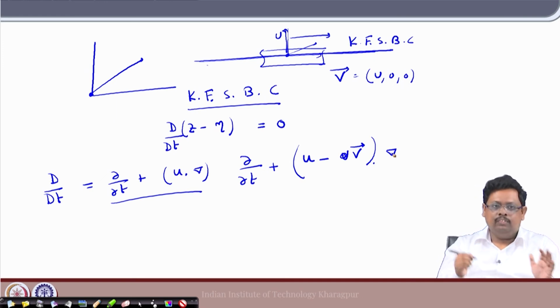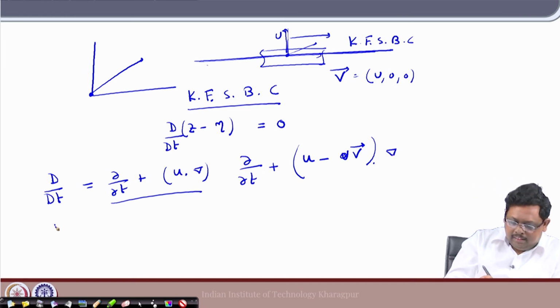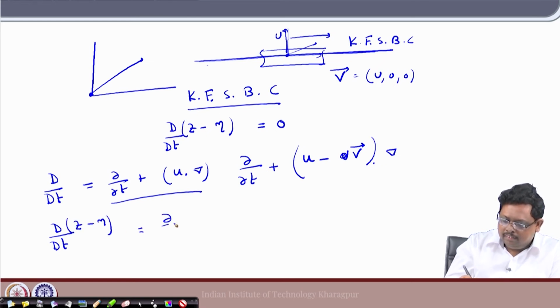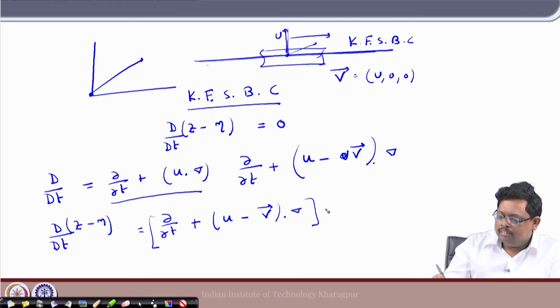Once I do that, my kinematic free surface boundary condition becomes del/del t of (z minus eta) equal to del/del t plus (u minus V) dot grad of (z minus eta), and that is going to be equal to 0.